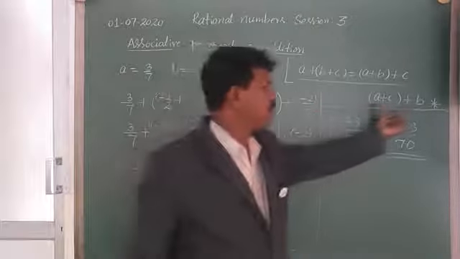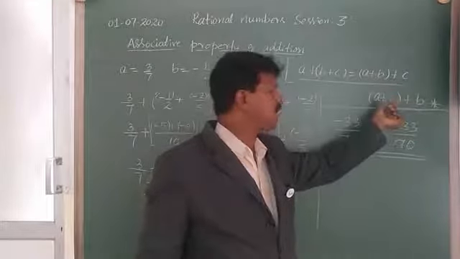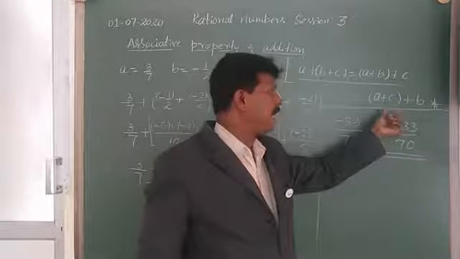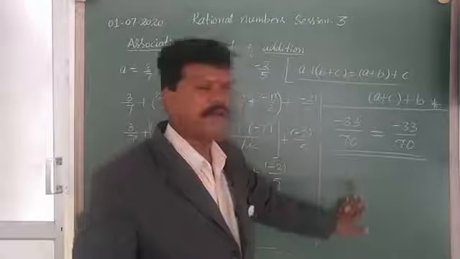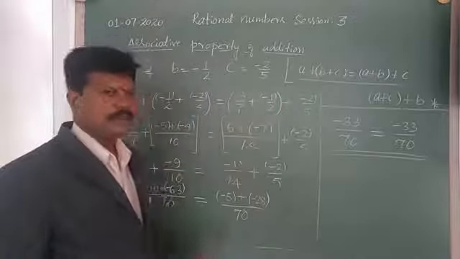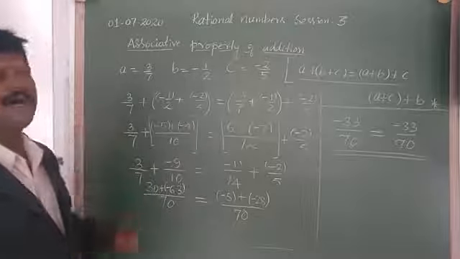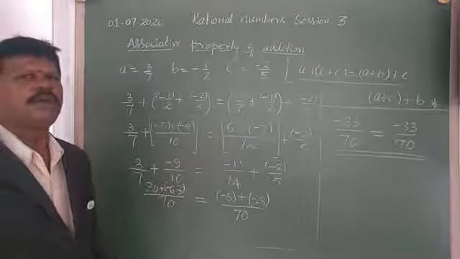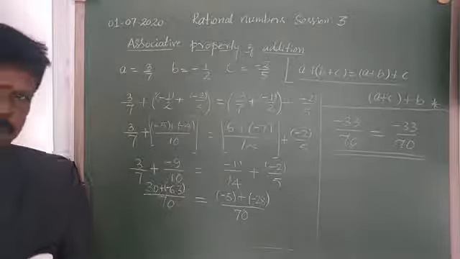Now check this one: (A plus C) plus B. That means you should add first A and C, then add the sum to B, and check whether you will get the same answer or not. That will work for you, right? Are you clear on this? This is the associative property of addition for positive and negative rational numbers.